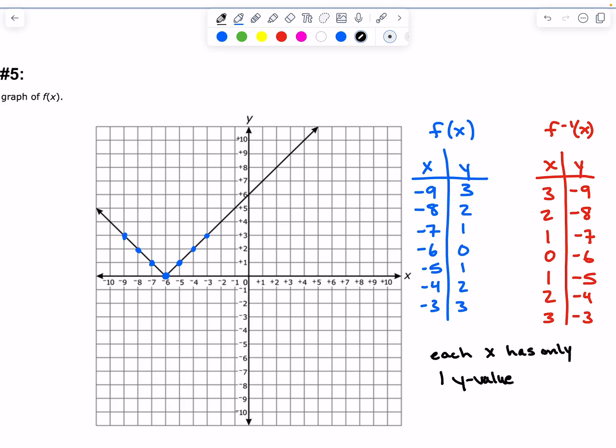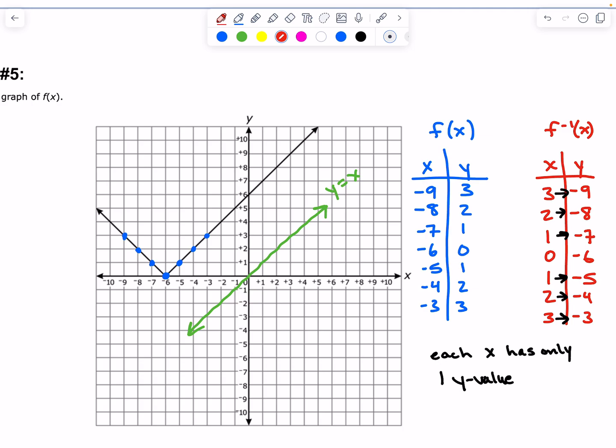So I see for my inverse function, 3 goes with negative 9, and then 3 also goes with negative 3, and that's not okay. And then 2 goes with negative 8, and it also goes with negative 4. And then 1 goes with negative 5, but it also goes with negative 7. Because what happens is when this function f of x reflects over the line y equals x, which goes right through the middle of our graph, inverse functions always reflect over y equals x.